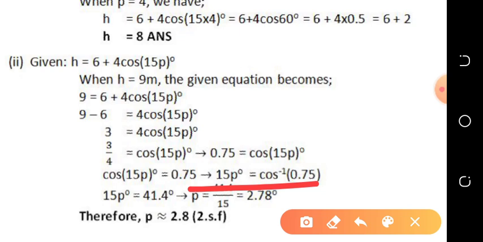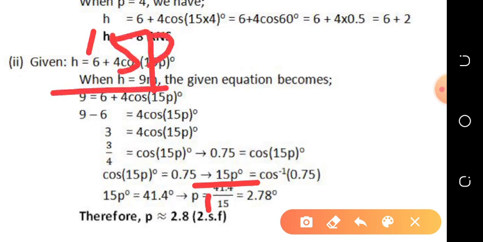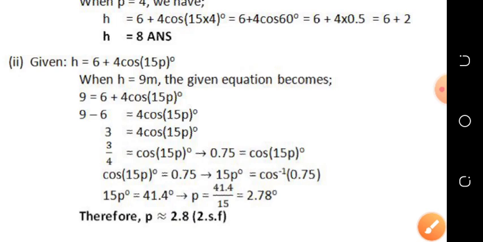Now what do we do? We are asked to find the value of P. Divide both sides by 15. You divide 15P by 15 equals cos inverse of 0.75 divided by 15. But before that, you have to simplify the value of cos inverse of 0.75.